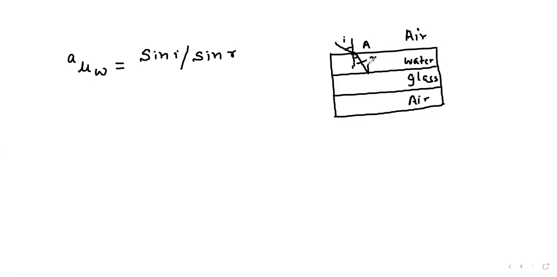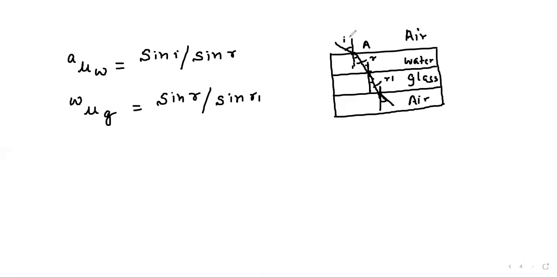Now at this point the ray is entering into glass. So this angle will remain R and suppose this is R1. Since the ray enters from water to glass, we apply the formula for the refractive index of glass with respect to water: sine R divided by sine R1. Now again, at this point, the ray will enter air.